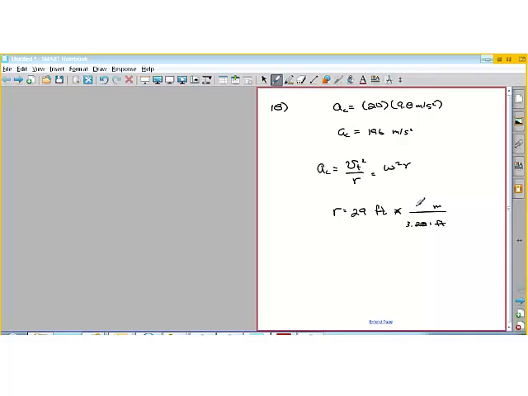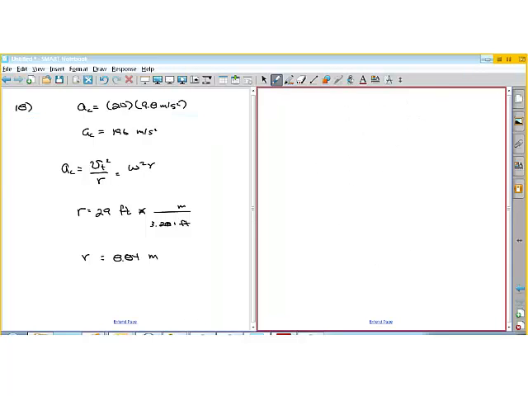I do the opposite way because I need to cancel out the feet. So 29 feet divided by 3.281, I get 8.84 meters.